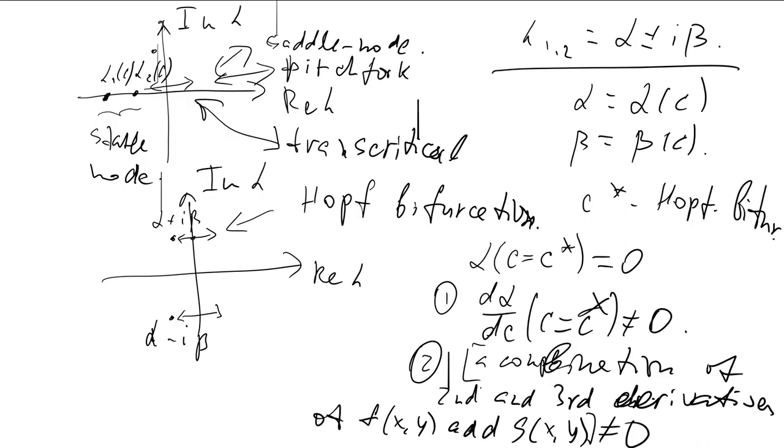This combination is non-zero. So it is a long combination. I don't remember it myself, and I don't want to bother you with this. What is important? If the non-degeneracy condition is satisfied, then our system at the bifurcation point can be reduced to a certain normal form.